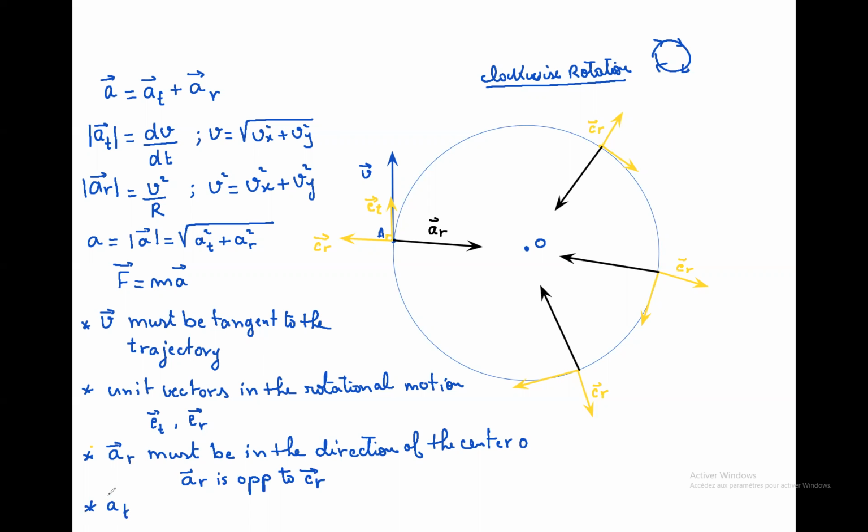The condition is, if the speed V increases, then A tangent takes the direction of ET.